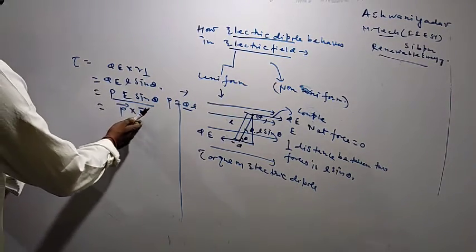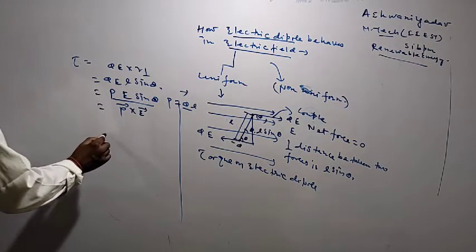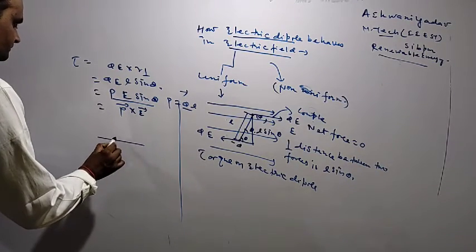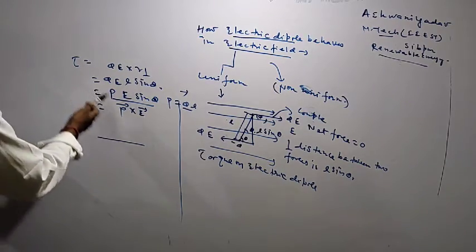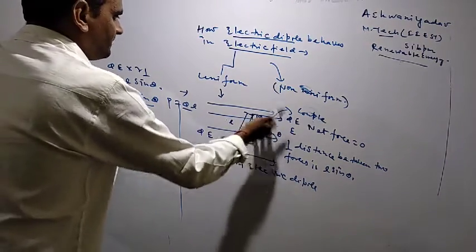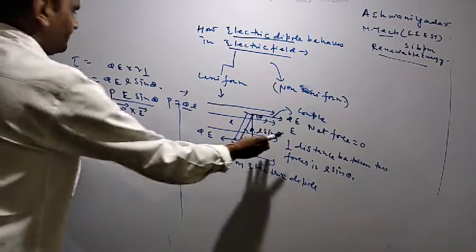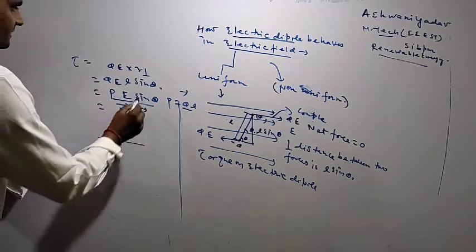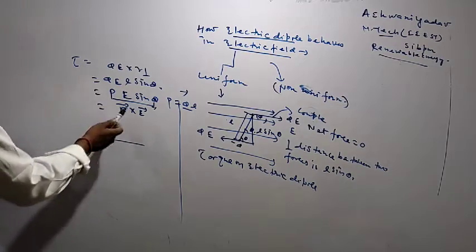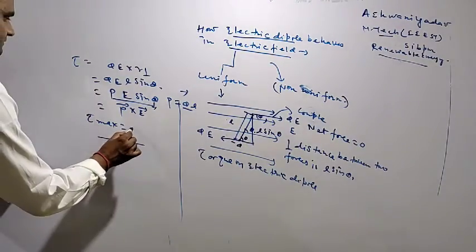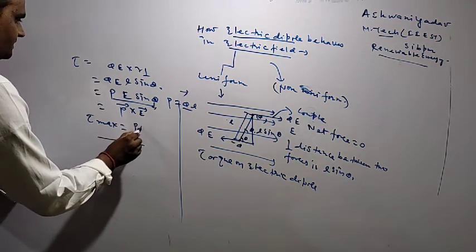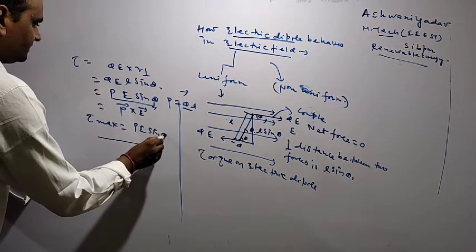So P cross E. So torque depends upon the orientation of dipole moment with electric field. I mean this angle. So torque will be maximum when that is PE sine theta.